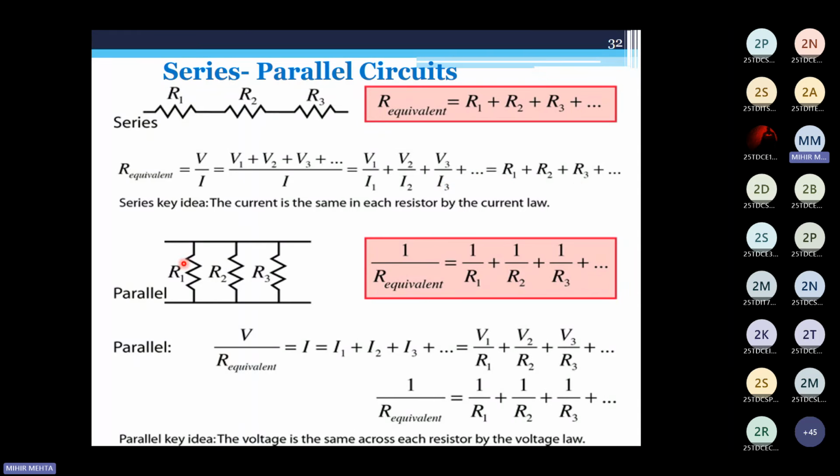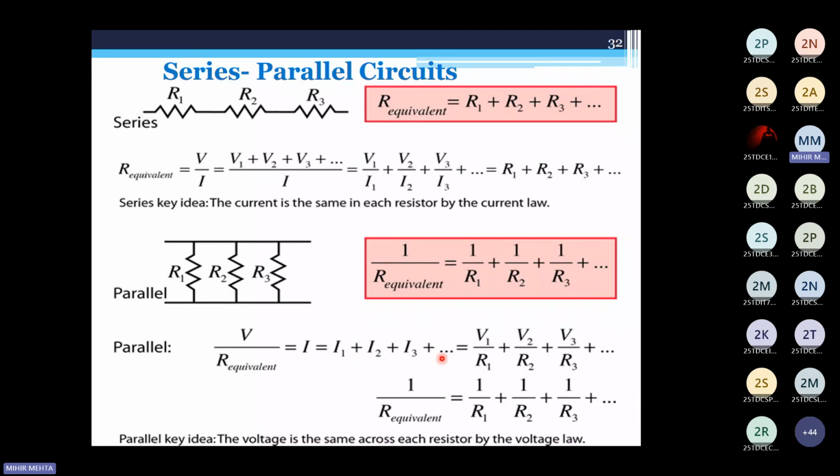Okay. Similarly here, if the resistances are in parallel, the voltage across the resistances remains the same, but the current through all the resistances would change. So for finding R equivalent, 1 upon R equivalent is equal to 1 upon R1 plus 1 upon R2 plus 1 upon R3. Now, how did you come to this equation? Your V upon R equivalent is equal to the total current I. Now the total current I is equal to the sum of all the branch currents, that is I1 plus I2 plus I3.